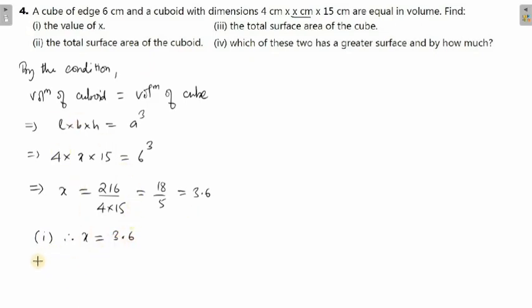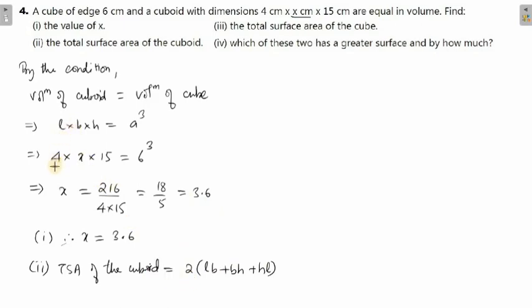Now number 2, they are asking you to find the total surface area of the cuboid, right? So TSA of the cuboid will be equal to, the formula is 2 into LB plus BH plus HL. Okay, so let's put the values now. What is the length?